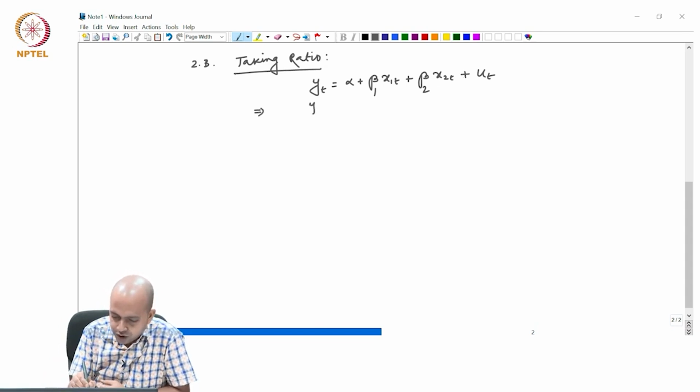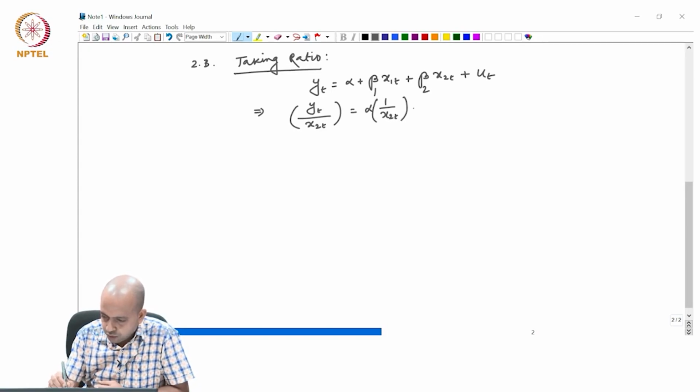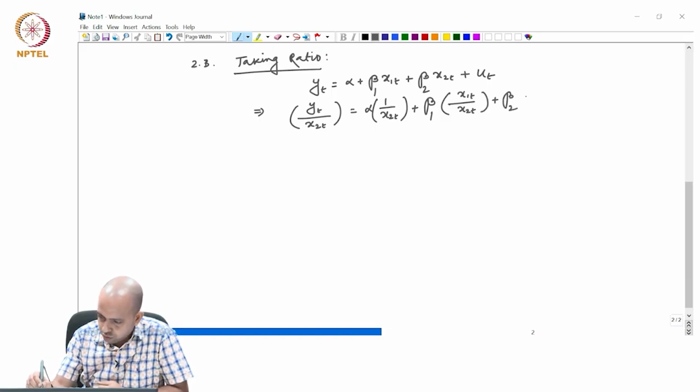You will get y t by x 2 t equals alpha into 1 by x 2 t plus beta 1 x 1 t by x 2 t plus beta 2 plus u t divided by x 2 t.